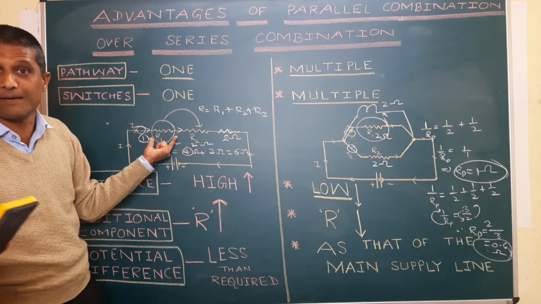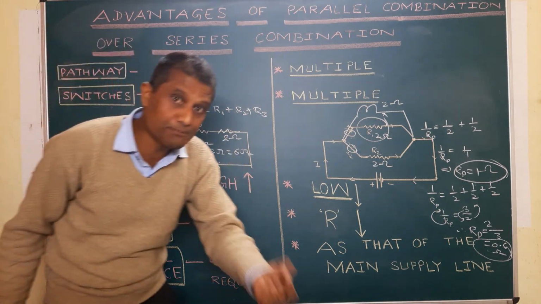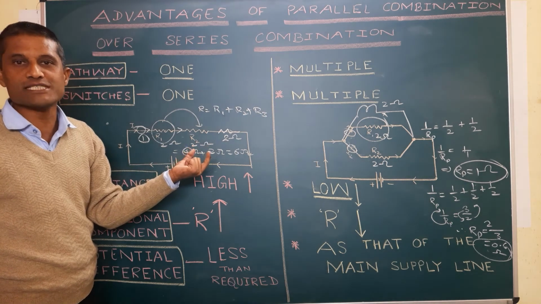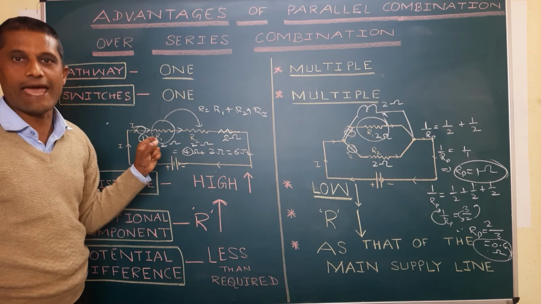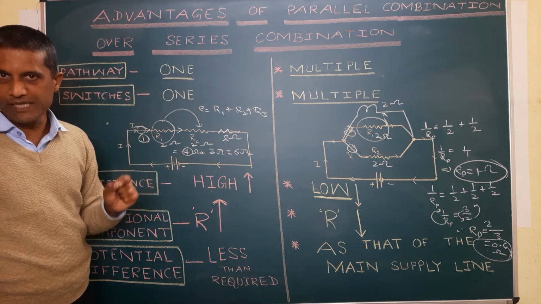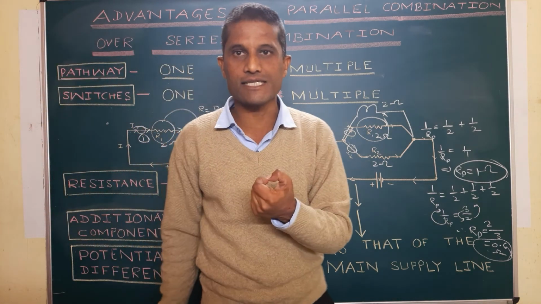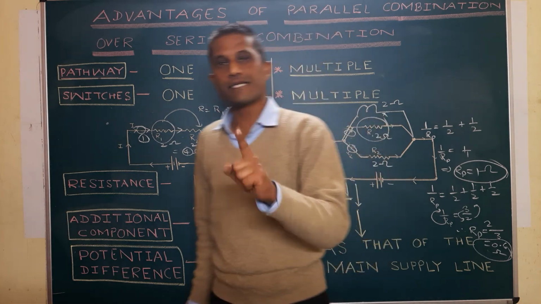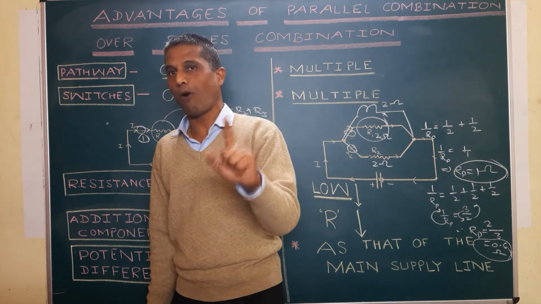It means in series combination the total voltage gets distributed. It means none will get the appropriate amount of voltage. That means their working will be badly hampered. Not a single resistor will function properly, and even if you have high power rated electric appliances, those appliances will not get the appropriate amount of voltage and they do not function properly.